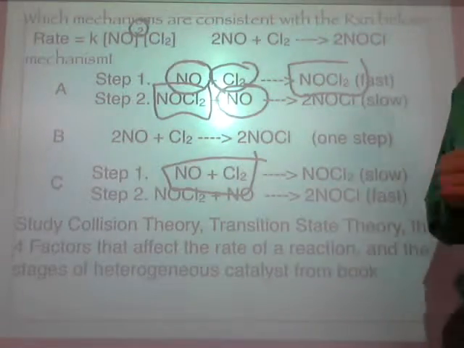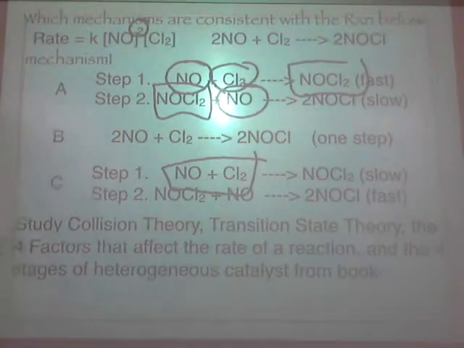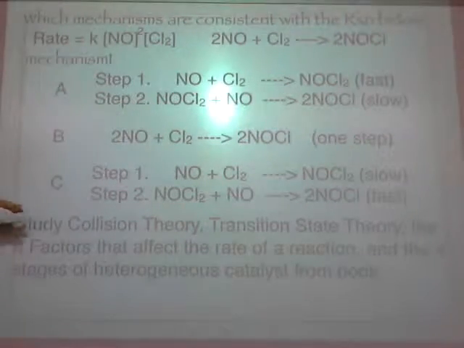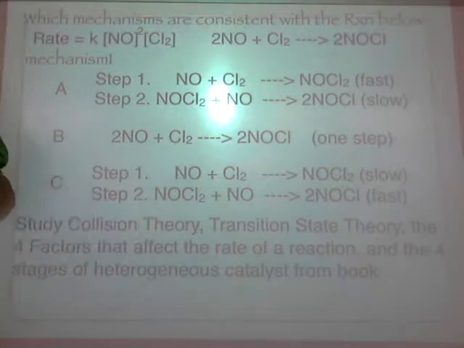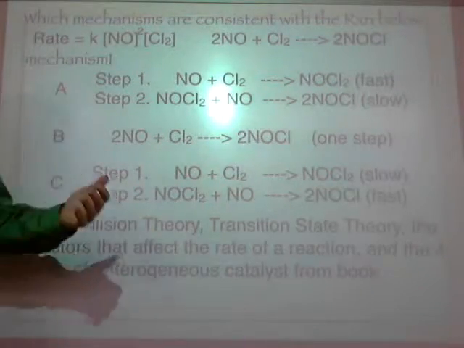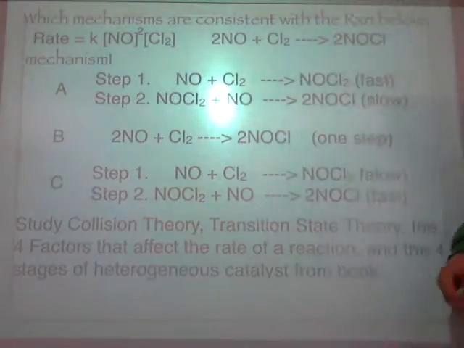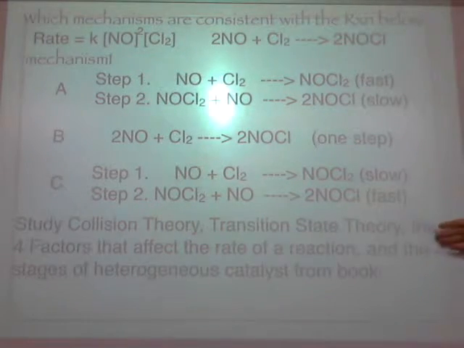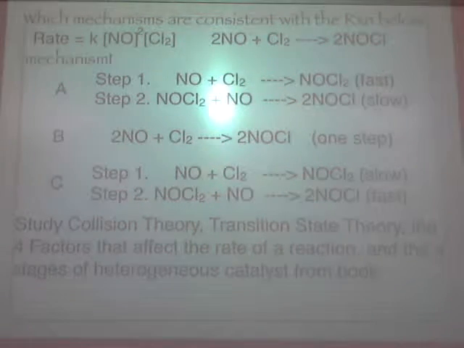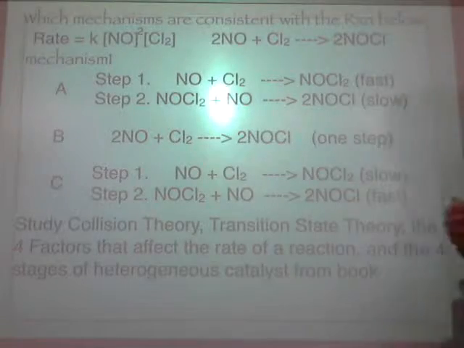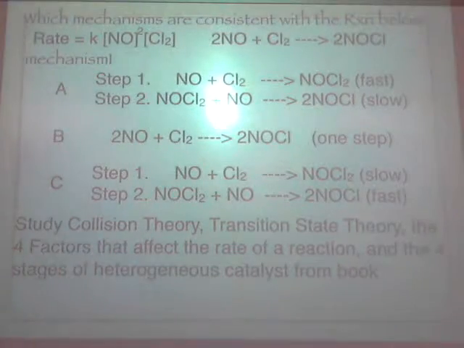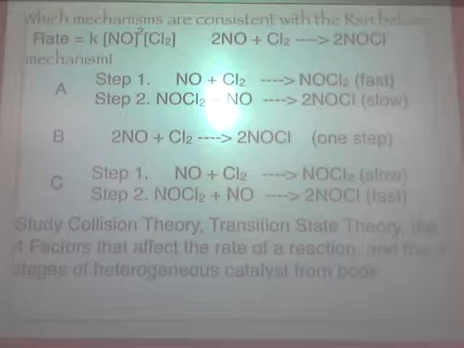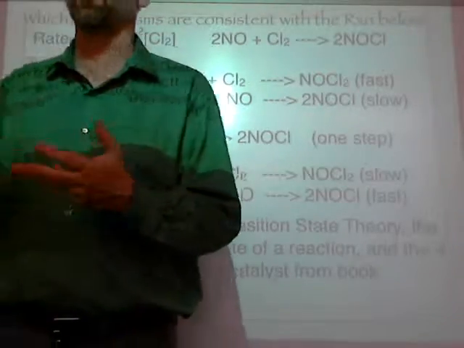All right. Before I leave this board, real quick, some of those questions are multiple choice, and on the first page, my fill-in-the-blank multiple choice will be on collision theory, transition state theory, and the four factors that affect the rate of reaction. By the way, those four factors, don't get them confused. Don't tell me I could powder them, I could increase the surface area, I could dissolve them in water.